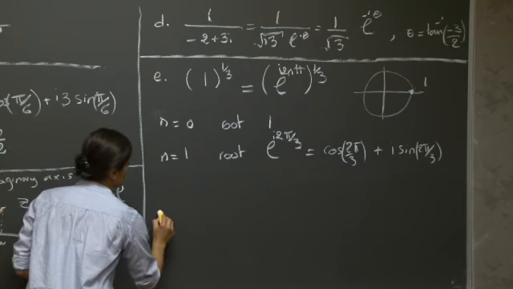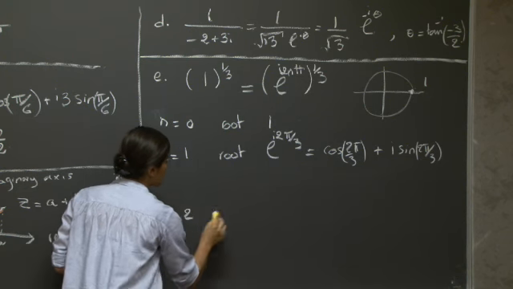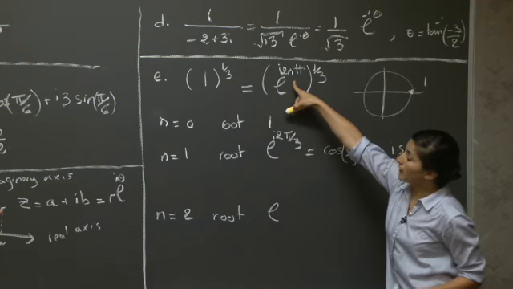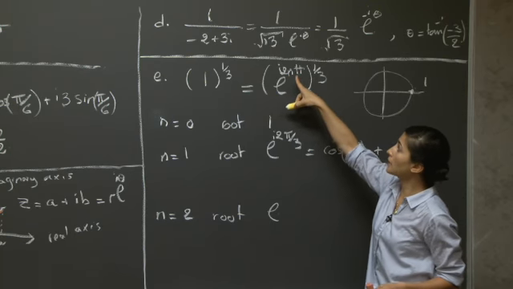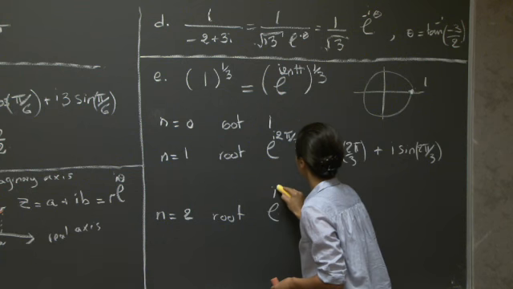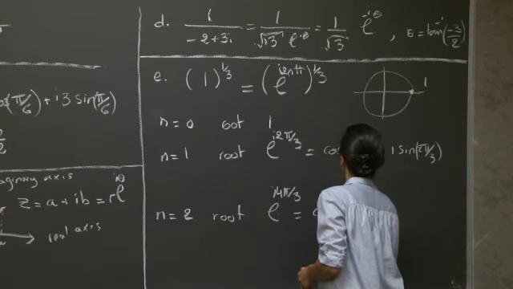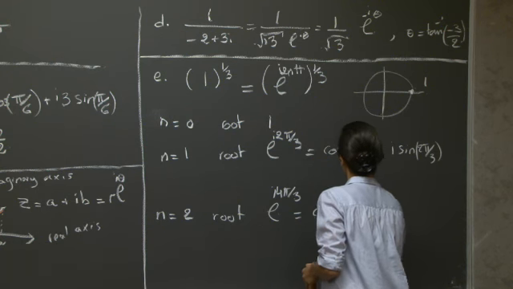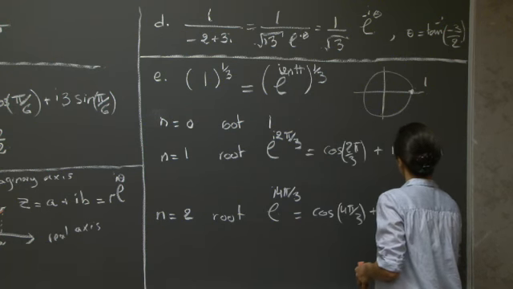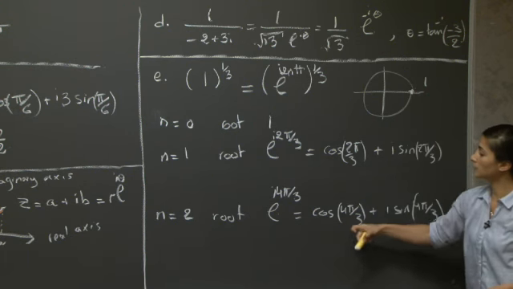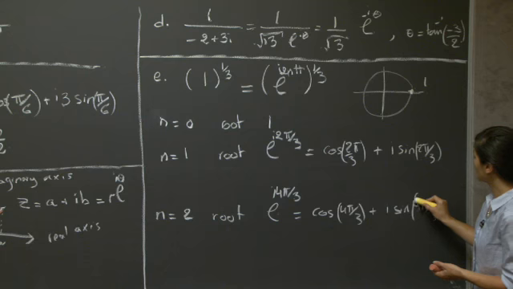And for the third root, we take the value n equals 2. So we have i 4 pi over 3, which again we can express as the cosine plus i sine of 4 pi over 3.